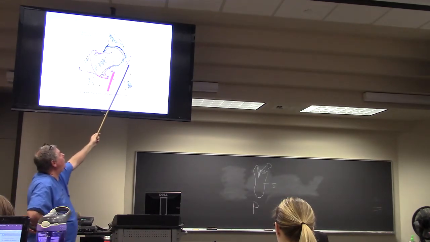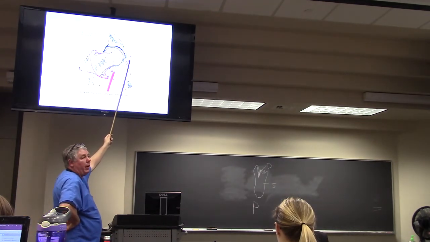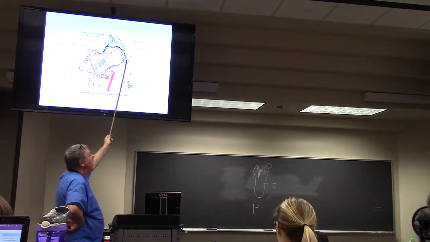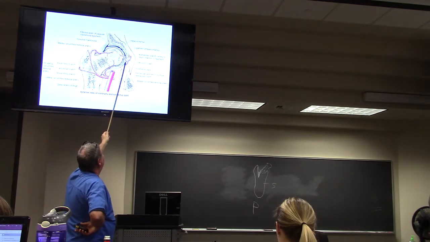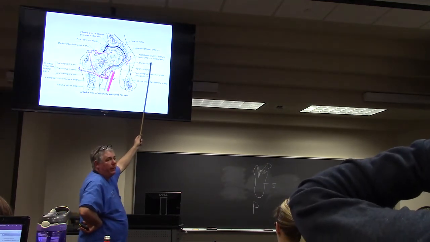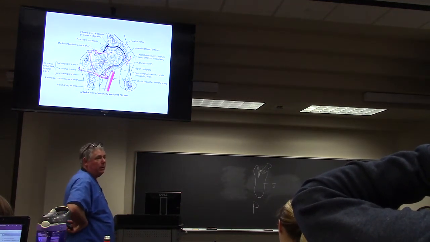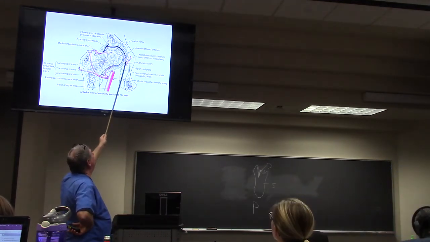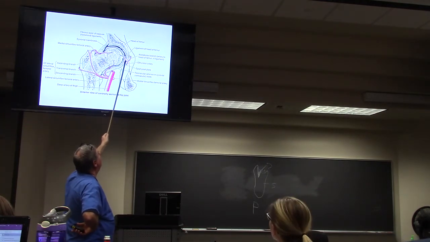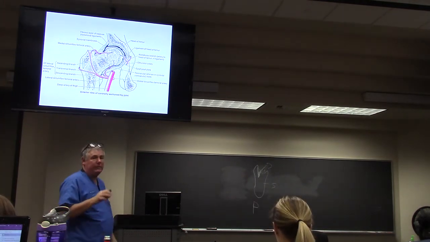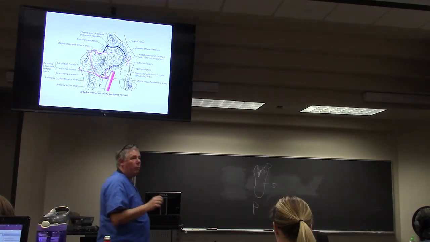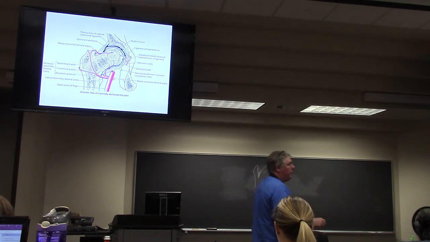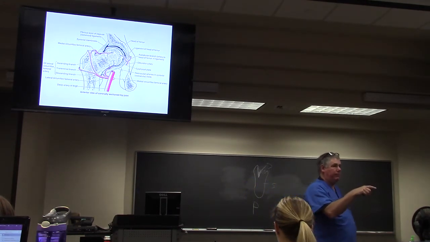Now here's our obturator artery, coming through the obturator canal, that defect in the obturator foramen. It gives off a little branch called the artery of the ligament of the head of the femur. And that artery runs in a ligament that, just write this down for now, arises from the transverse acetabular ligament and goes to the head of the femur.